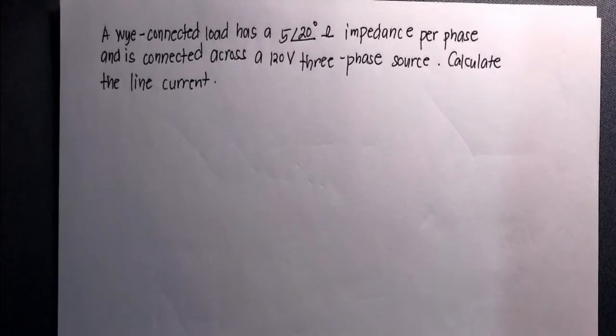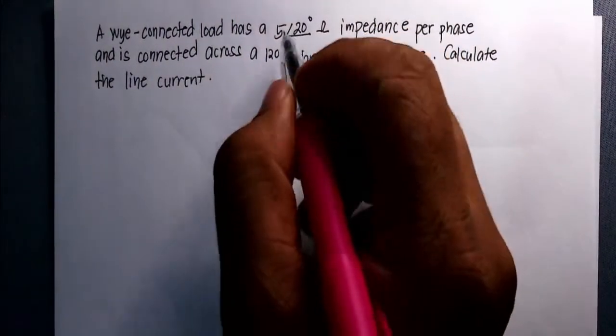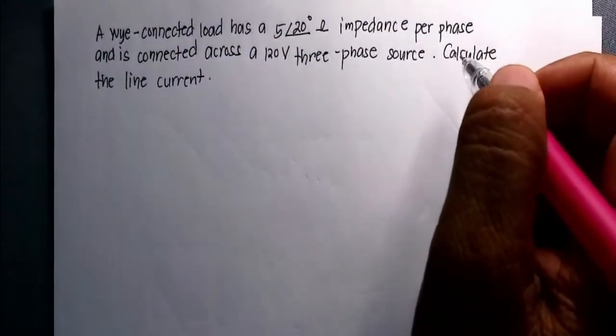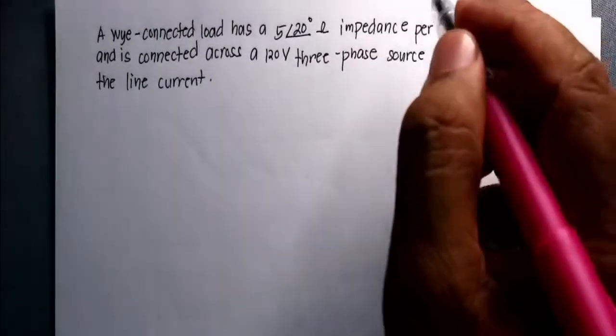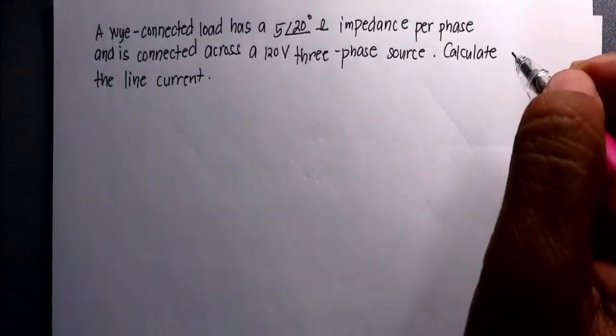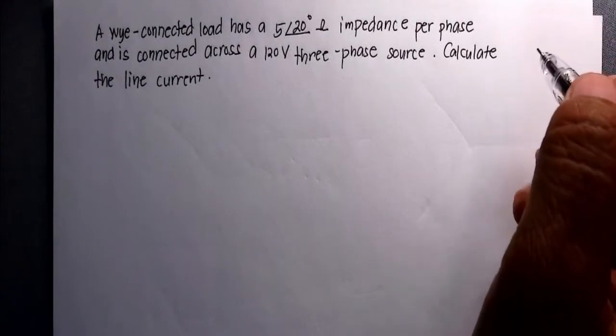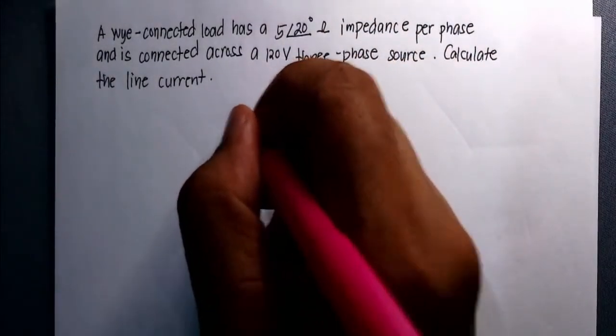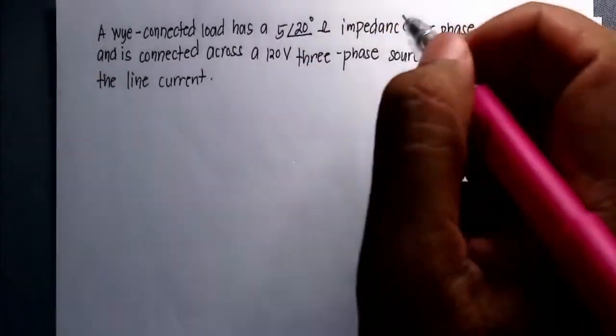According to the problem, we are to calculate the line current for a Y connected load that has a 5∠20 degree ohm impedance per phase, and this load is connected across a 120 volt three-phase source. So it means that the load is in Y connection.